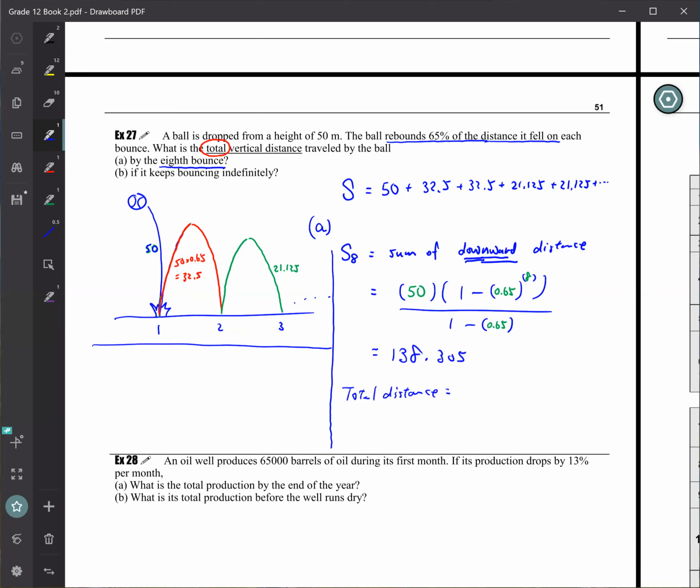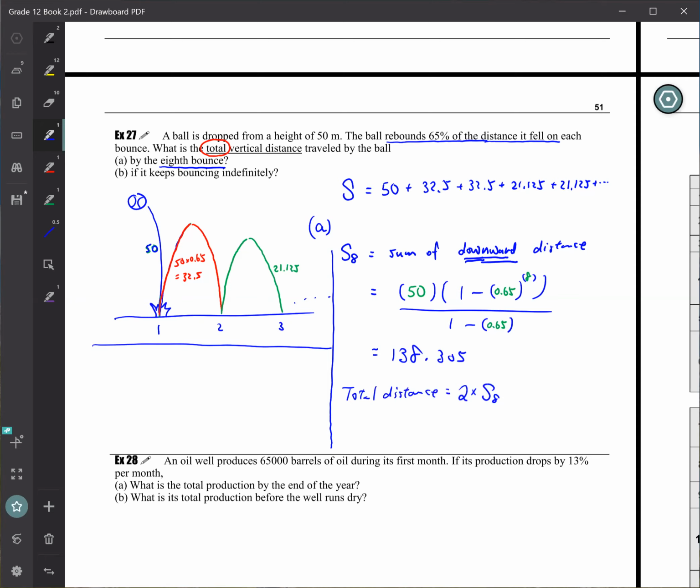Okay, so the S8 needs to be multiplied by 2. Would that be the final answer? Yes. Then why am I asking? Think. Look at the picture, okay? If you double the S8, would that be the answer that we want?